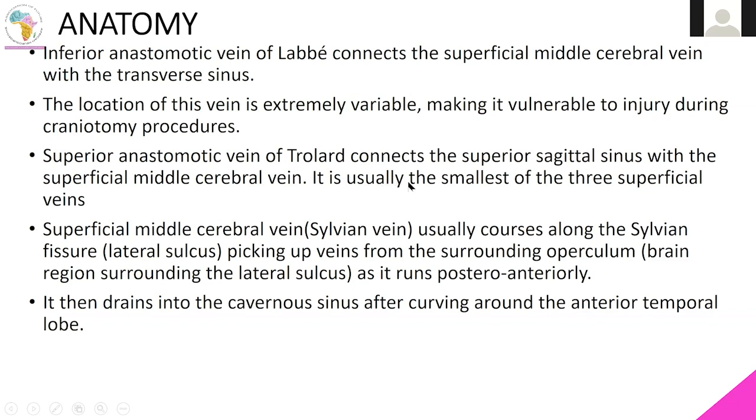It is usually the smallest of the three superficial veins. The superficial middle cerebral vein usually courses along the Sylvian fissure, picking up veins from the surrounding operculum as it runs anteriorly. It then drains into the cavernous sinus after curving around the anterior temporal lobe.